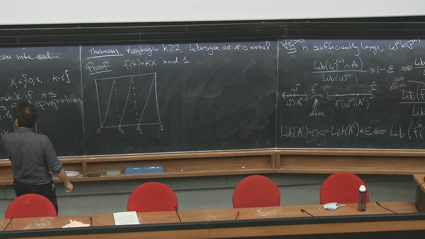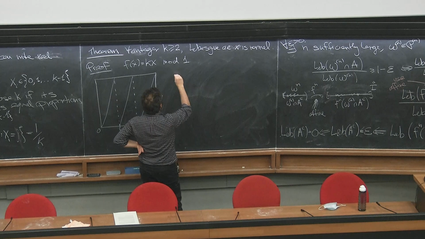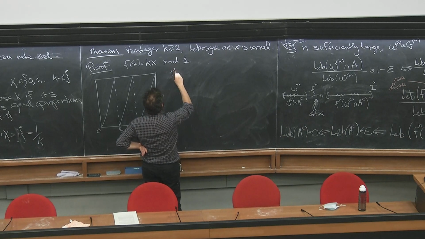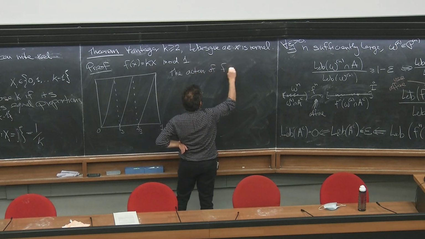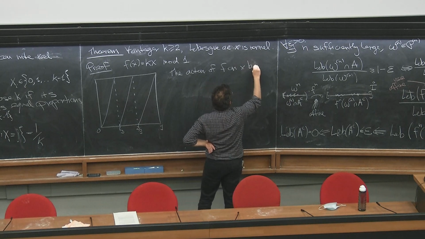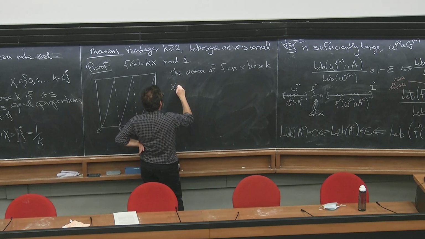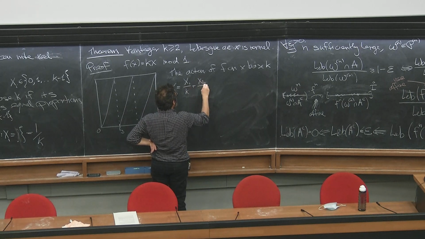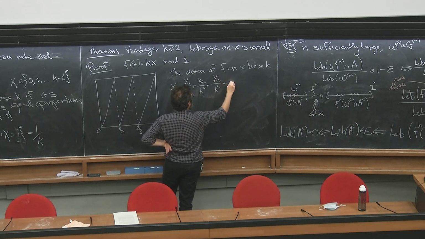So if you remember, what is the action of f on x? The action, so let me write it in words. So the action of f on x in base k, okay, remember that in base k, x is written like this: x1 over k plus x2 over k squared plus x3 over k cubed, and so on, right?